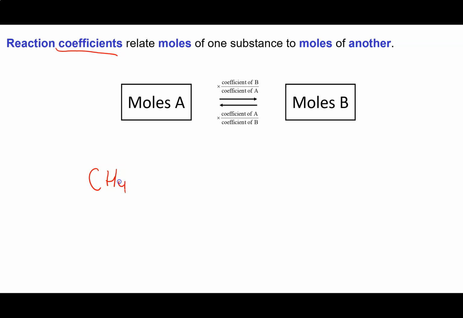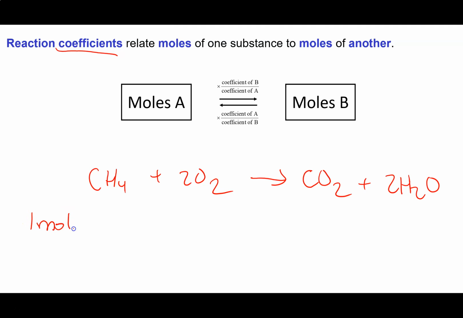So we had this equation before, and we can create these mole ratios by looking at the coefficients. We can see here that for every 1 mole of methane, I will require 2 moles of O2.